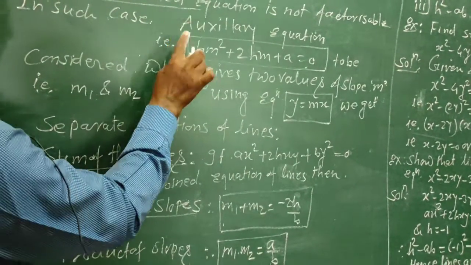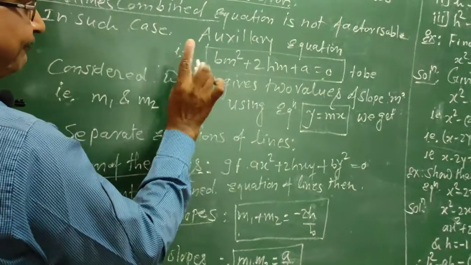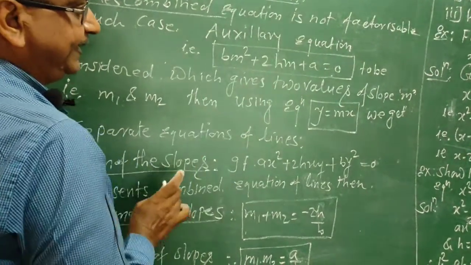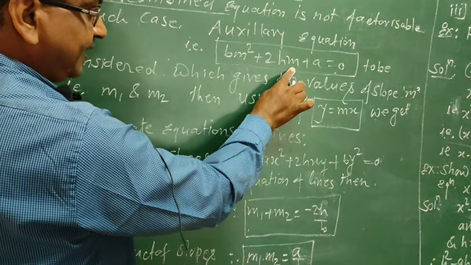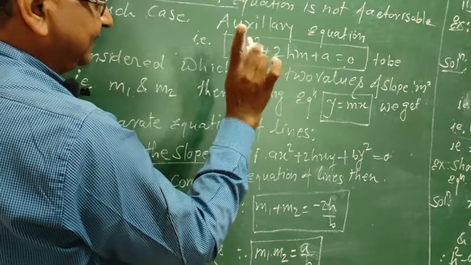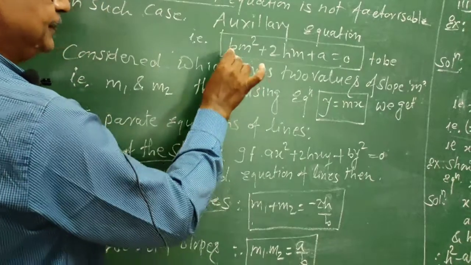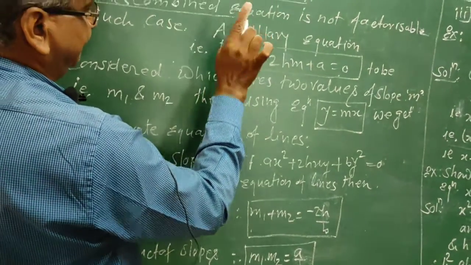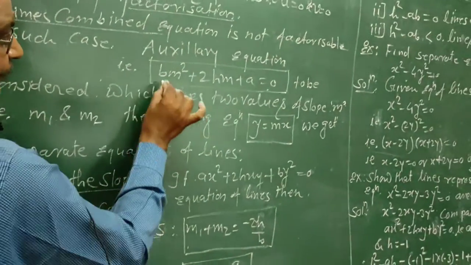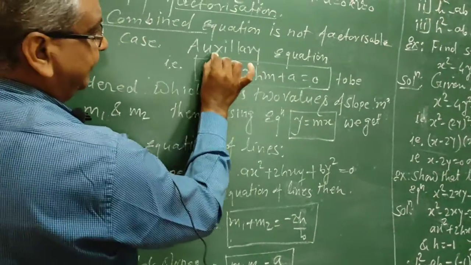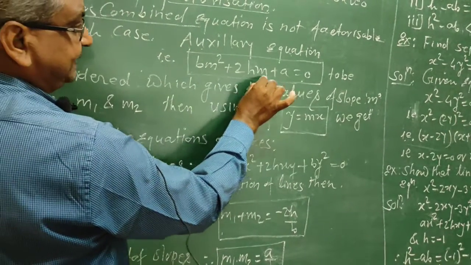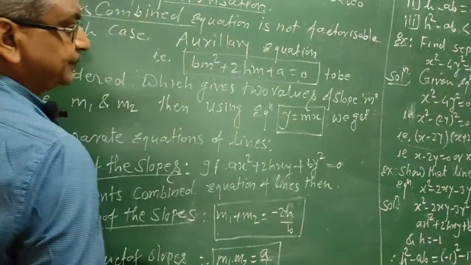And what is this auxiliary equation? That is to be remembered very well, because it is a quadratic equation in m. You must remember that if the factors are not possible, in that case you have to use this auxiliary equation, that is given by b m square plus twice h m plus a is equal to 0.